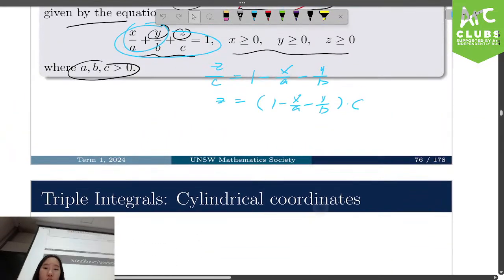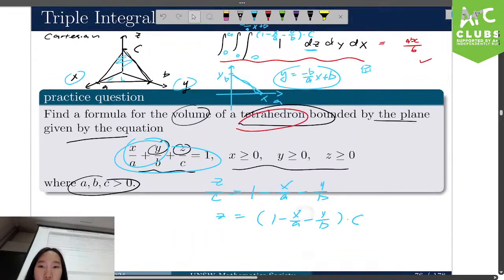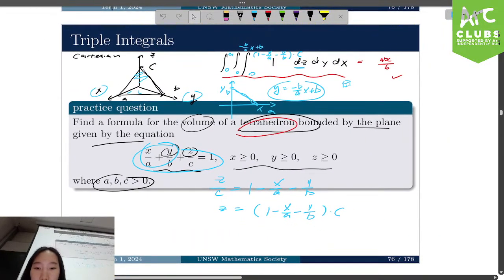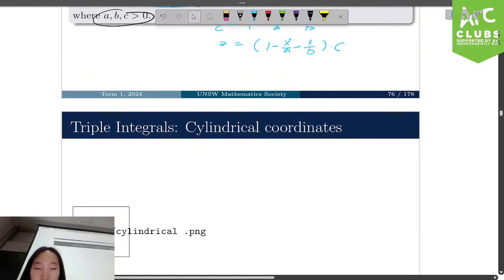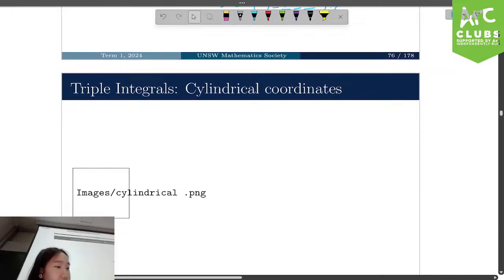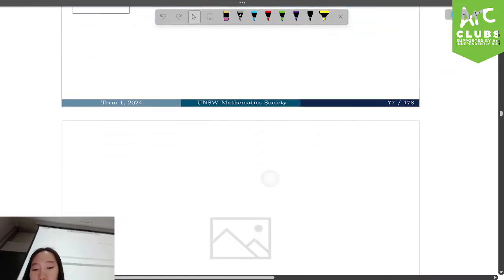We have the triple integral for cylindrical coordinates. No worries, because the picture is not loading here.